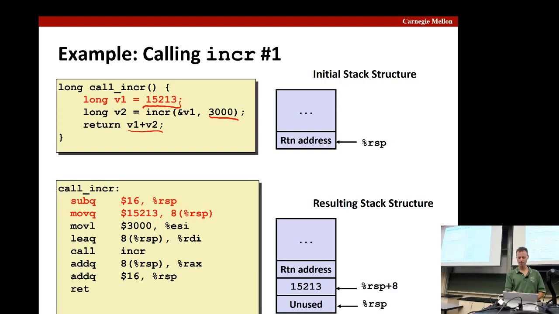The first thing we want to do is move the stack pointer. We put the return address, and we're going to move this value onto the stack. In particular, we're going to move it 8 plus the stack pointer.